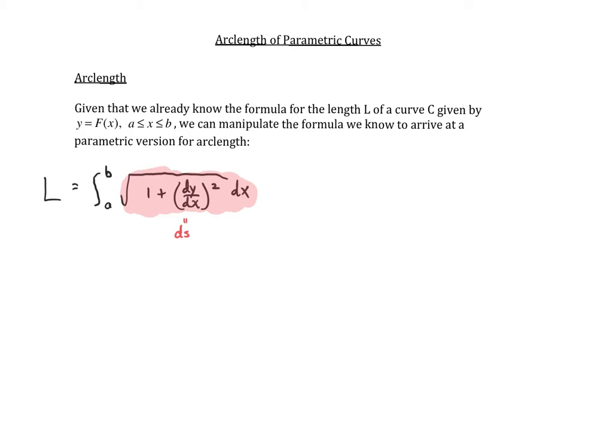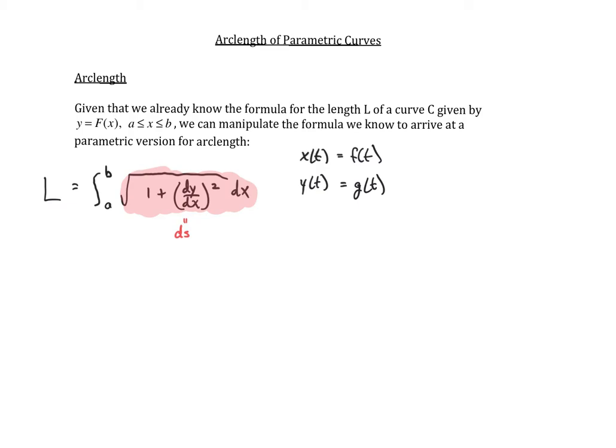And we need to do a little bit of work off to the side. So we need a parameterization of our curve. So we have our coordinate function x of t, and that will be equal to f of t. And our coordinate function y of t is going to be equal to g of t like this.